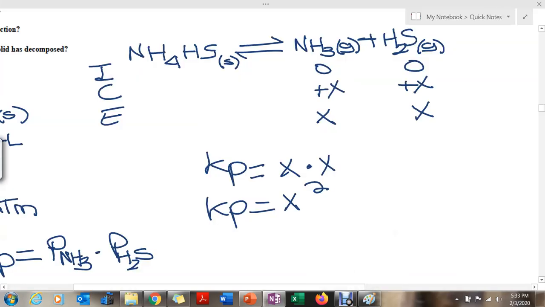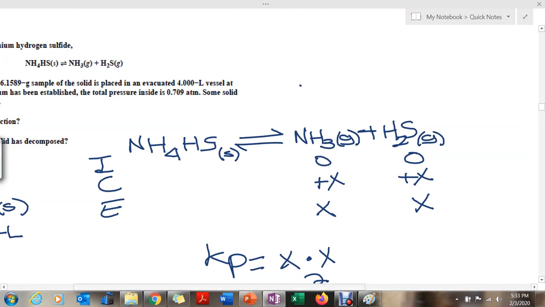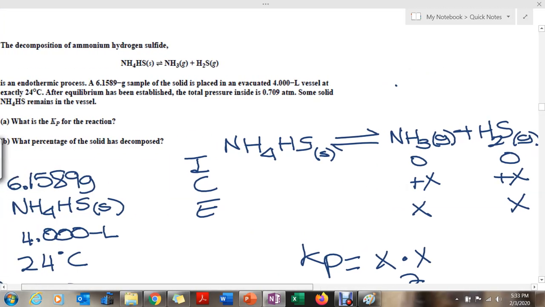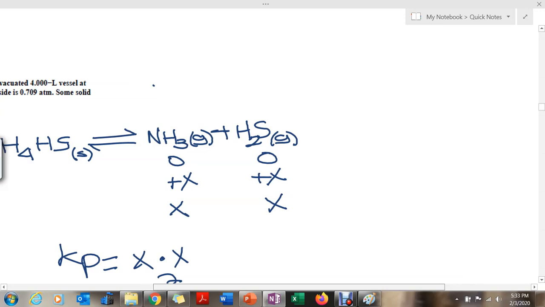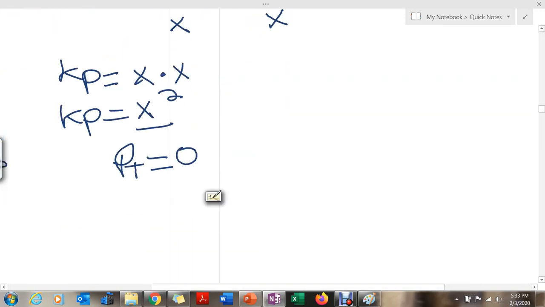So what do you do here? Do you have this value, the partial pressure? No. But they give you the total pressure, which is 0.709. So the partial pressure of each gas is 0.709 divided by 2, because you have an equal amount of moles of each one, x and x, in the equilibrium table.